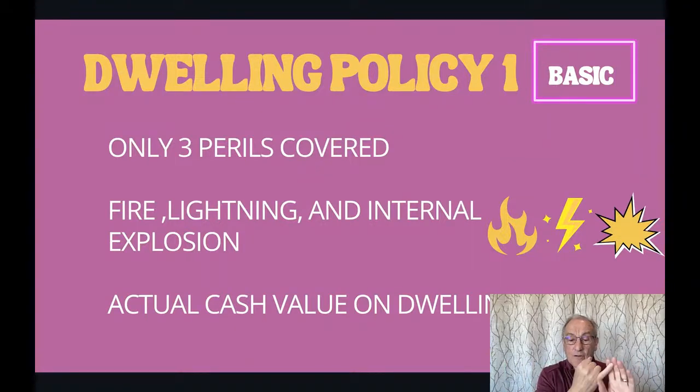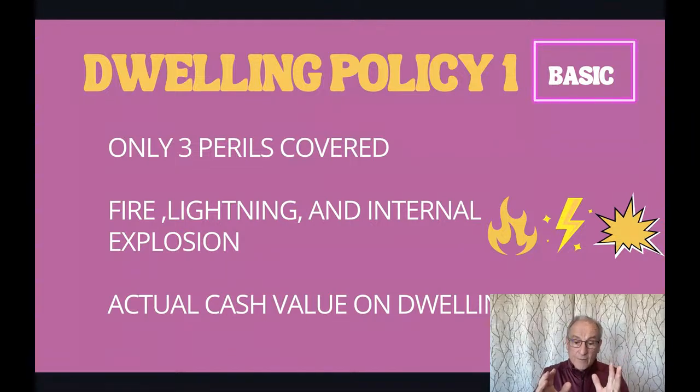It only covers fire, lightning, and internal explosion. Anything else you can think of, burglary, ice, just make up a whole bunch, wind damage, things like that, they're not covered. Just 3 basic coverages. You should know fire, lightning, internal explosion.